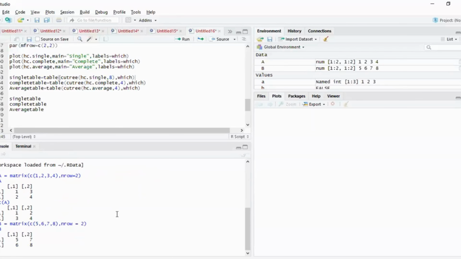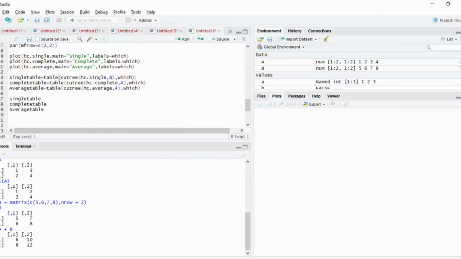This is what my B is going to look like. Now, I can simply say A plus B. See, this is A and this is B. 5 plus 1 is 6, 6 plus 2 is 8. So straight away, it has done the calculation.